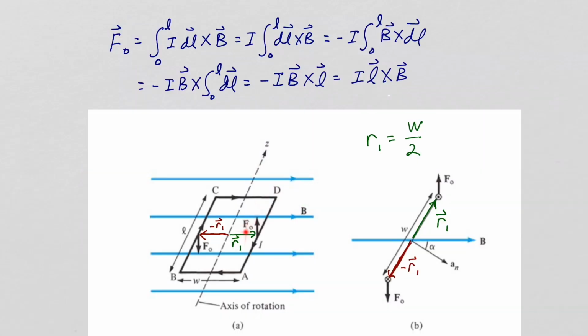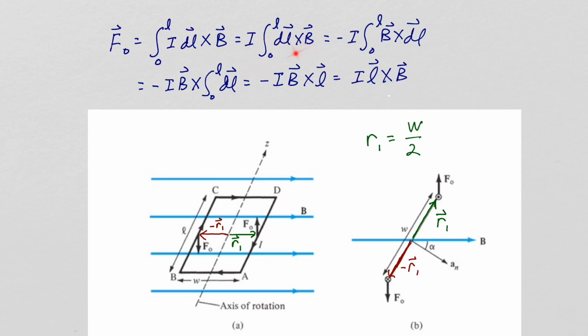Let's compute this force on the segment going from D to A. So the force is going to equal the integral of I dl cross B from D to A, which will be from 0 to L. The current is constant, so we can move it to the left of the integral.